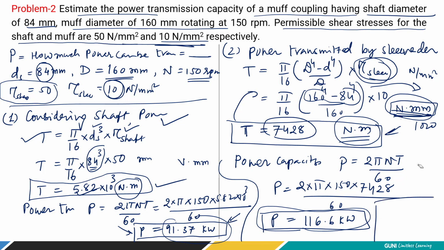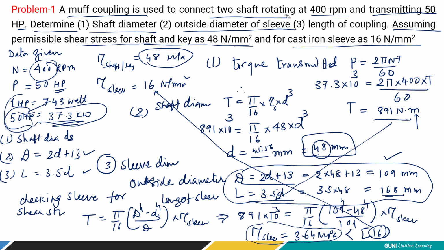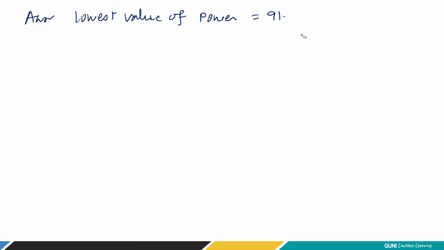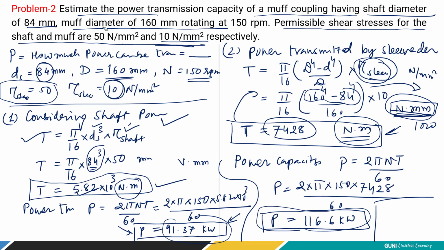So the lowest value of power, which is 91.37 kilowatt, can be transmitted. So this is the power transmitting capability in this numerical.